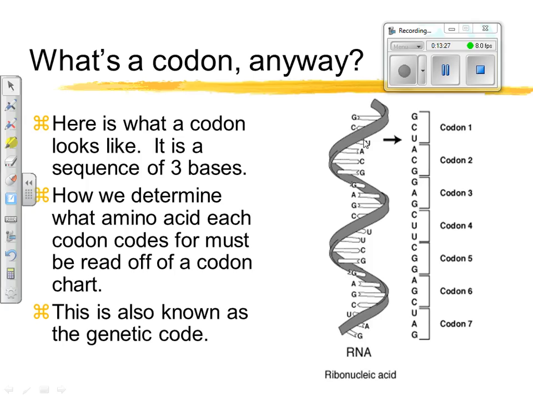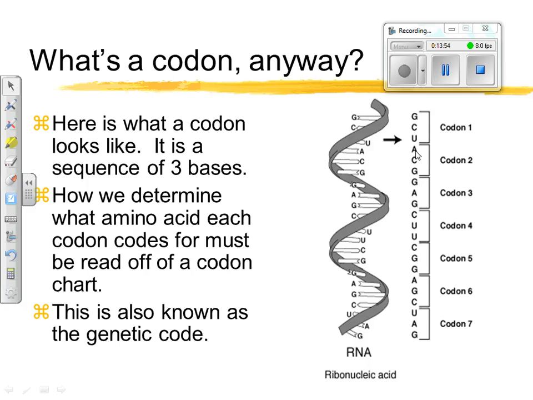Okay, so here's messenger RNA. And GCU is the first 3. Remember, this was copied from DNA or transcribed from DNA. GCU is the first transcribed codon from the messenger RNA. Here's the second one, ACG.